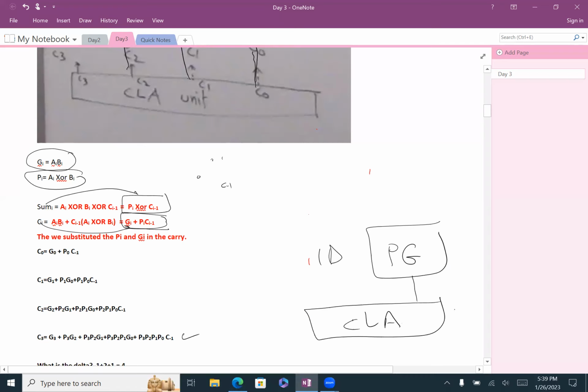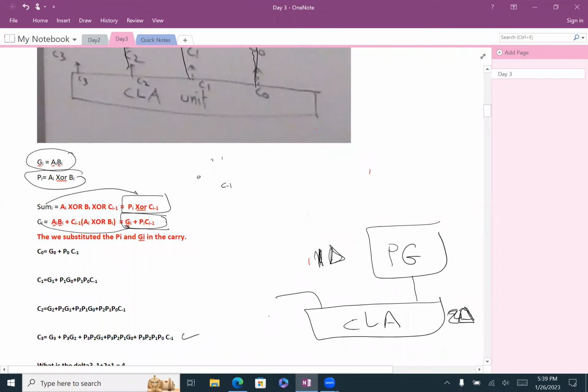So that means the delta will be 2. Okay, you said 4. Why? 4 is correct. So you have 1 and you will have 2 here. So now we have 3. Where is the 4? No, we got the carry from here. So we got the carry after 3.